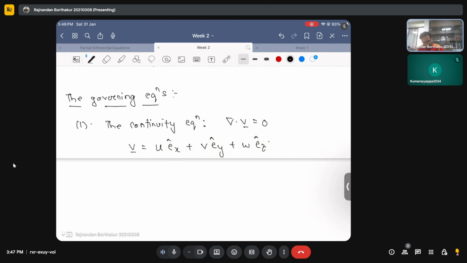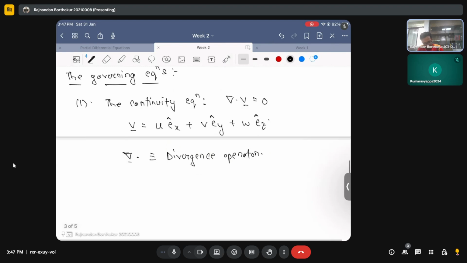Then this del dot is what we call the divergence operator, and it is of the form ∂/∂x e_x + ∂/∂y e_y + ∂/∂z e_z.